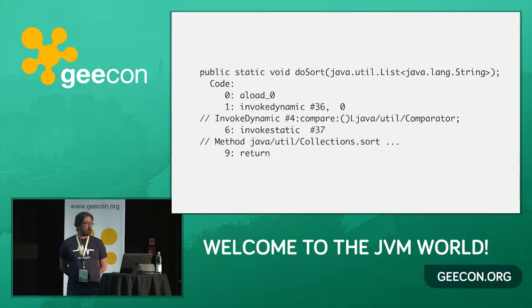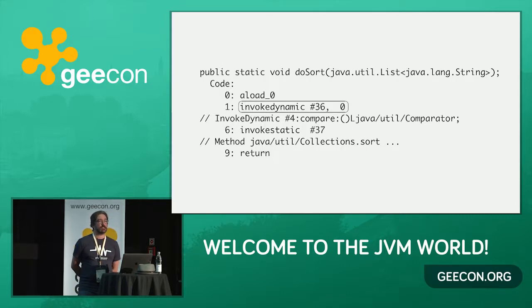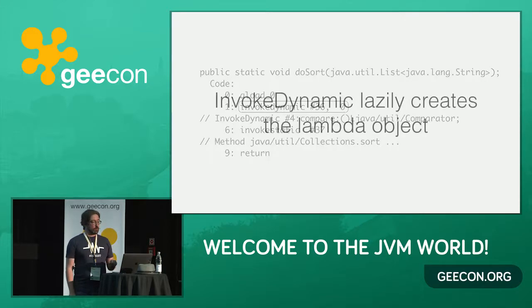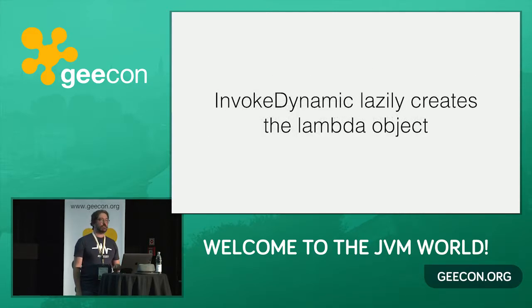Here's sort now in bytecode, and we see there's an invokedynamic call. The way we got around creating extra classes on the file system, like inner classes, and creating new objects every time, is that lambda support uses invokedynamic to lazily create essentially that same inner class object that it did before. Rather than having it in the jar file or that object in memory, we call invokedynamic.